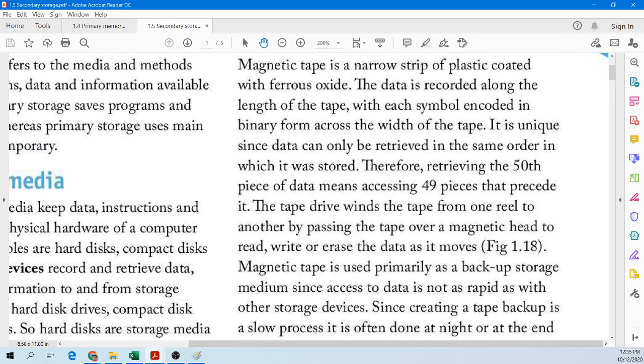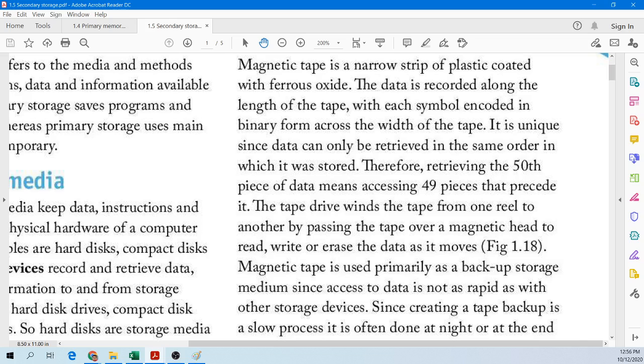Magnetic tape is a narrow strip of plastic coated with ferrous oxide. The data is recorded along the length of the tape, with each symbol encoded in binary form across the width of the tape. It is unique since data can only be retrieved in the same order in which it was stored. Therefore, retrieving the 50th piece of data means accessing the 49 pieces that preceded it.